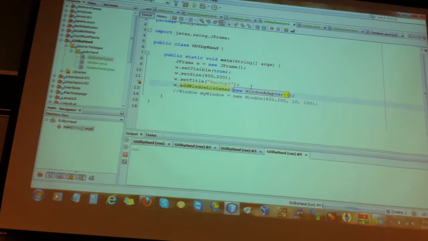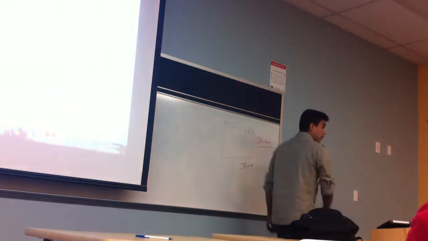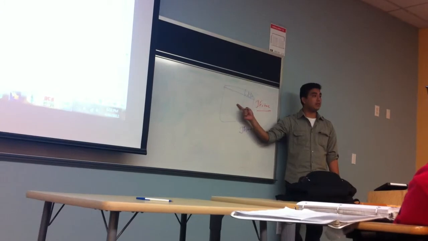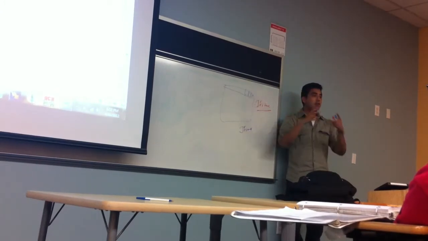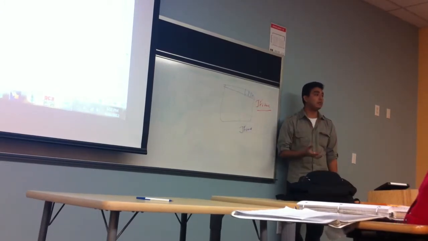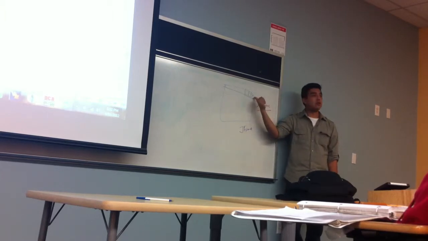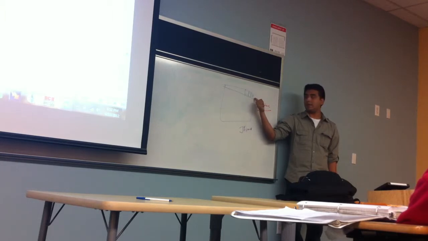And here you will have to specify what you want that window adapter to do. Now the window adapter listens to everything. The window adapter will be in charge of everything. It could be in charge also of resizing, because every time you resize or you click here, you are asking the window to do something, right? Now, if you want to program what to do here, you will have to program the event of this button. This button is going to deal the event of window closing. So you have to deal with window closing event.